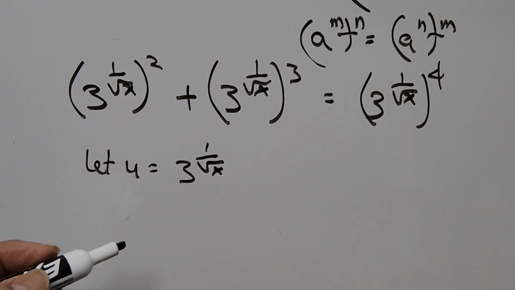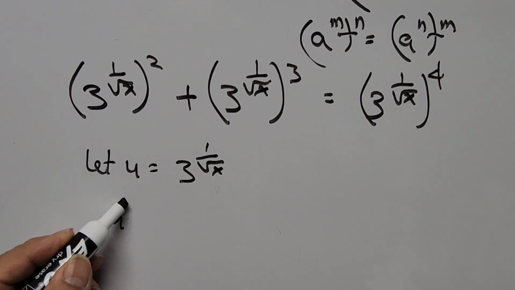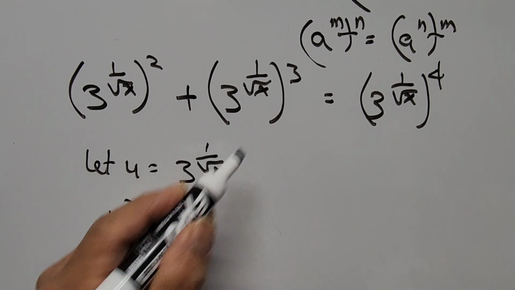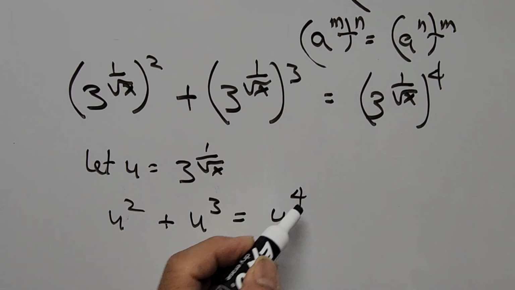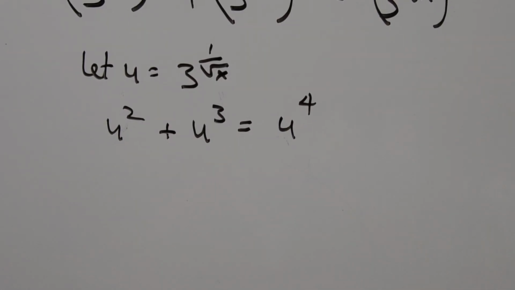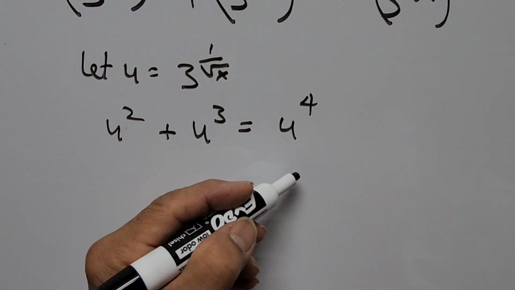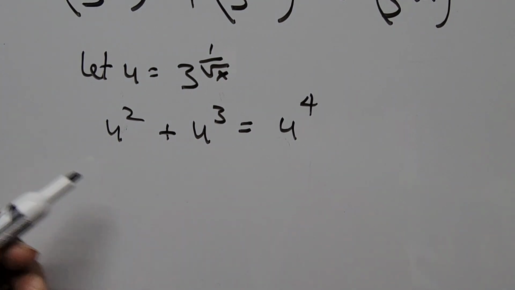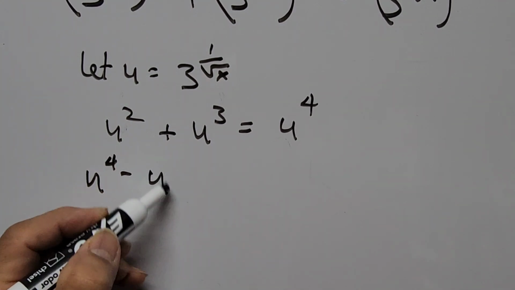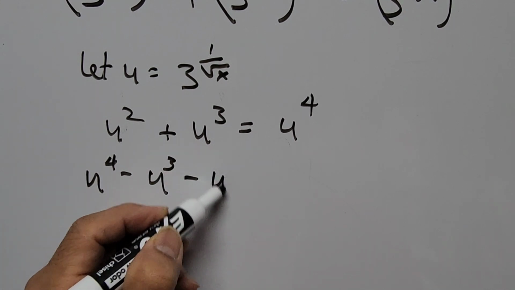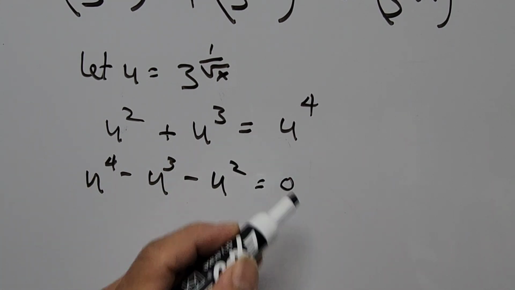So now let's put u into our equation. So we have u squared plus u cubed equals u to the 4th power. So now let's arrange the equation starting from u to the 4th power, putting all together on one side, right? So we have u to the 4th power minus u to the 3rd power minus u to the 2nd power equals 0.